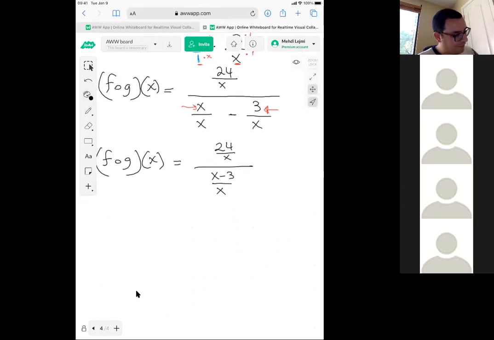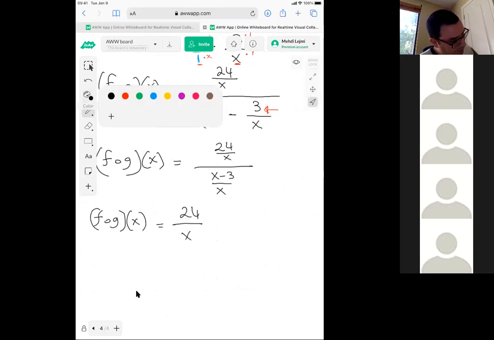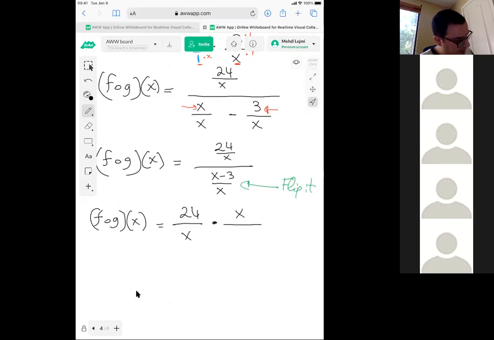So how do we divide fractions? Well, you flip the one in the bottom. So it's like f composed of g of x. It's going to be 24 over x, and then you flip this one here, so it's times x over x minus 3, right? You multiply straight across, so 24x over x times x minus 3.